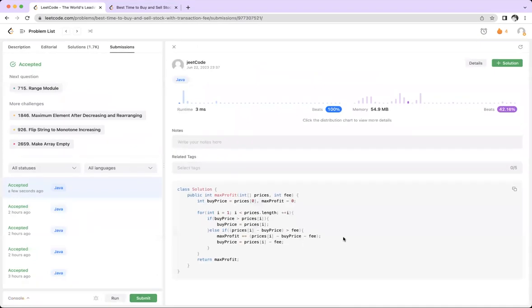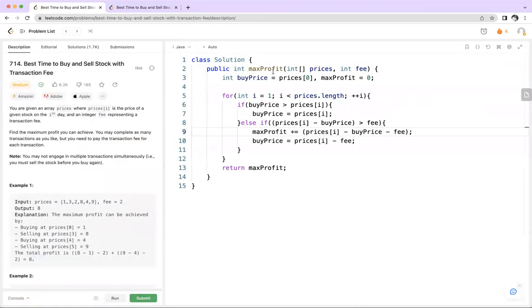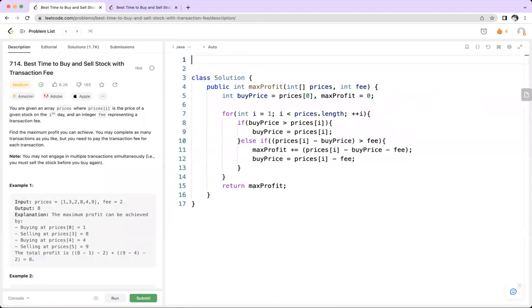And what I would like to further say about this solution is that it is based on a greedy strategy. So this is a demonstration of greedy strategy, and usually for greedy strategies we need to come up with a proof.